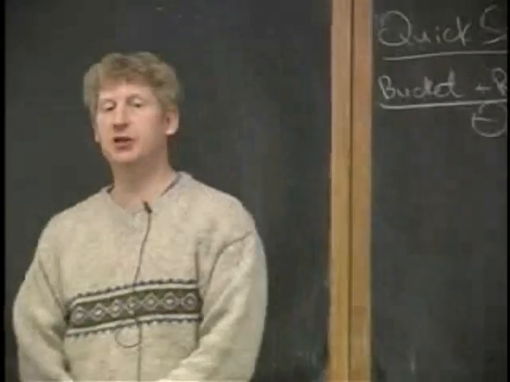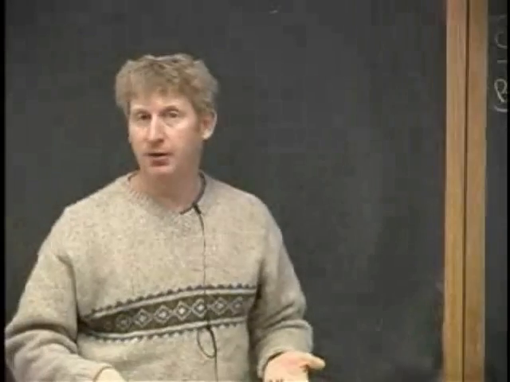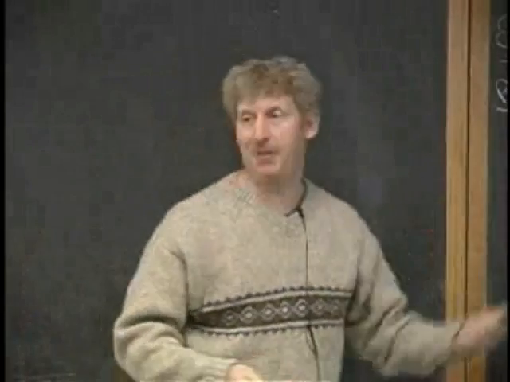I should mention that in general, lower bounds are hard to prove. It's easy to prove upper bounds on problems because you just come up with an algorithm that works, and that gives you an upper bound. You come up with a better one, that gives you a better upper bound, and you keep moving your way down just by getting one algorithm that works. But if you want to show a lower bound, you have to show that no matter what algorithm you try, they're all going to take more than that amount of time.